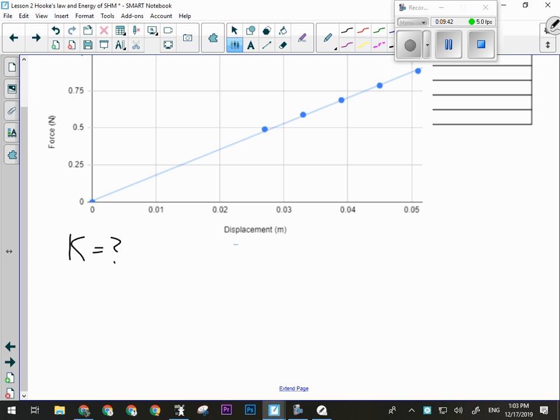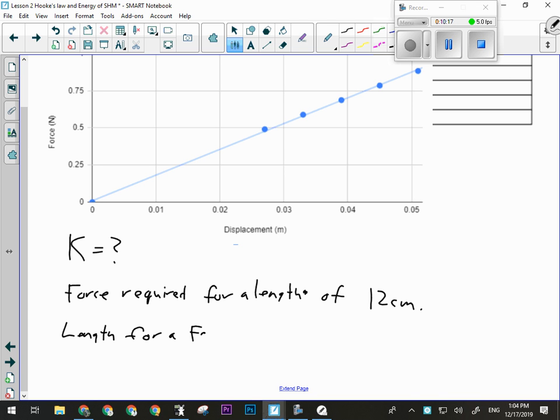And then I want you to calculate the force required for a length of 12 centimeters, and a length for the force of 1.5 newtons.